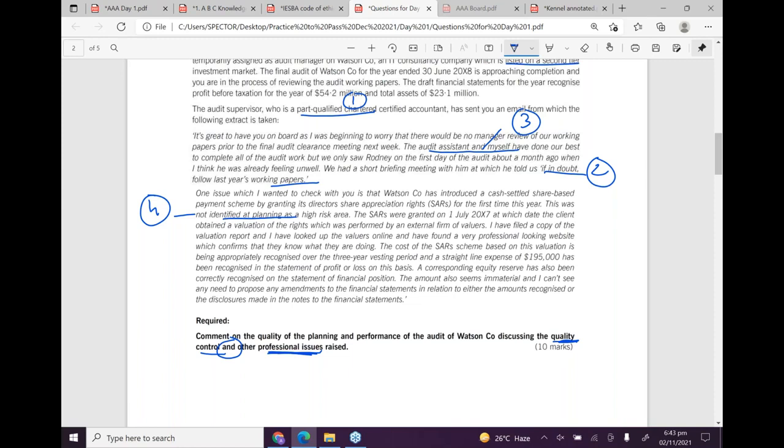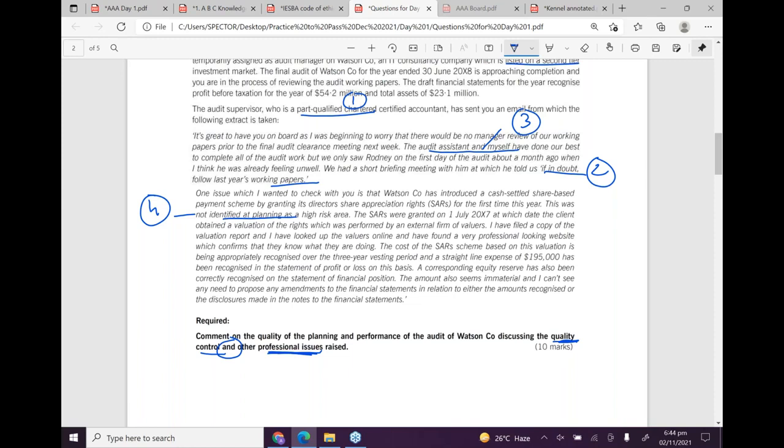Yup, Amir, very well done. Only 2 people allocated to a listed client is indicative of poor quality, poor planning. There you go, Munib. That's the answer.